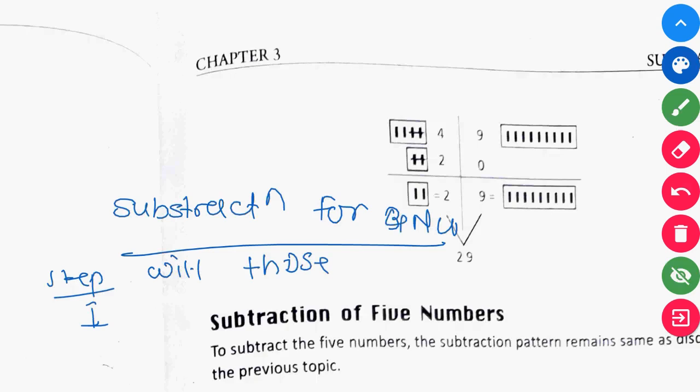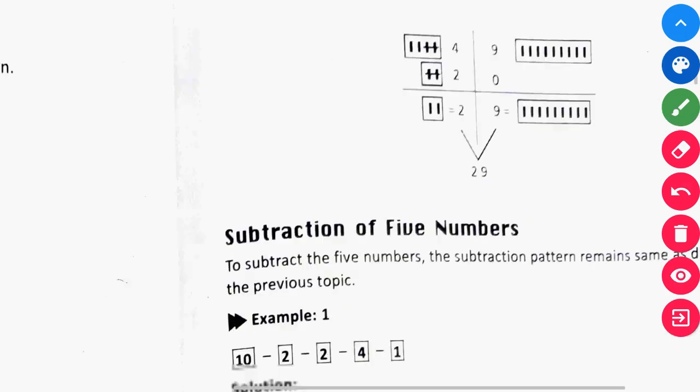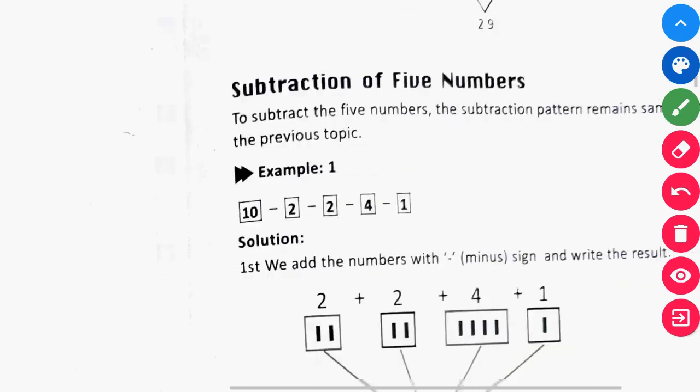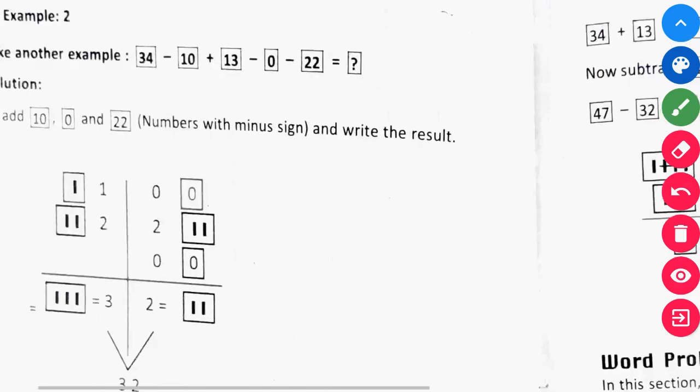For three numbers we will add those two numbers which have same sign. For four numbers we will add those three numbers which have same sign. And same for the five numbers, we will add those four numbers which have same sign and then we'll subtract from the bigger number. The same thing is given.